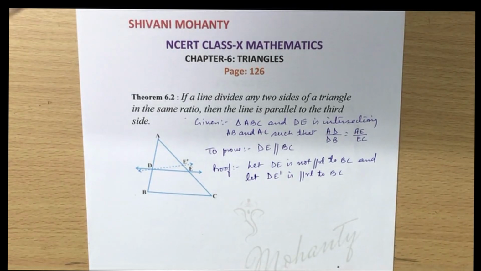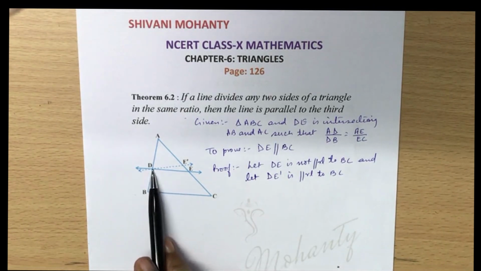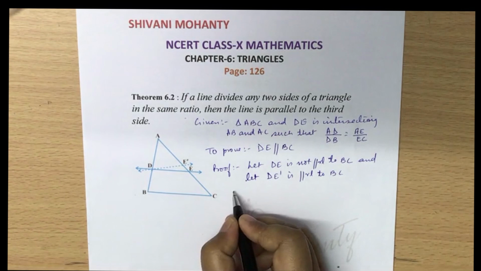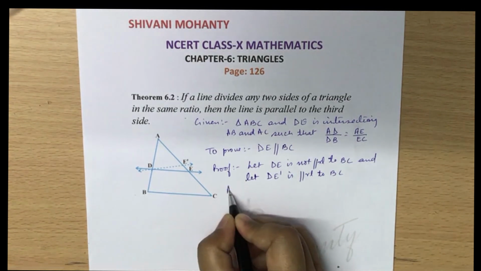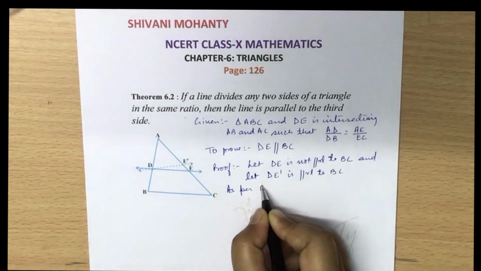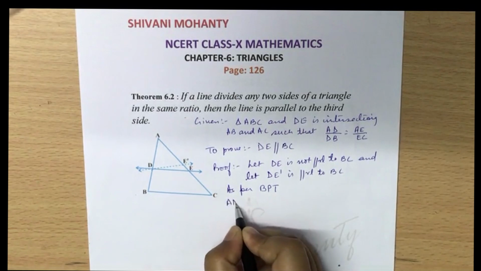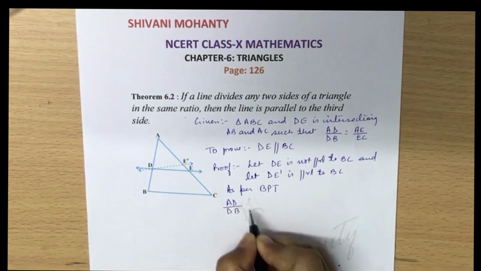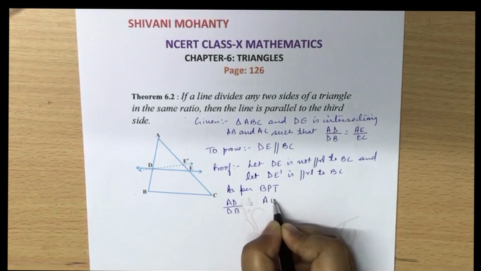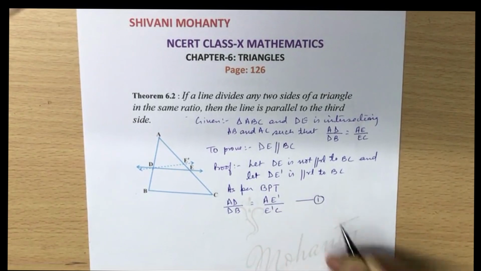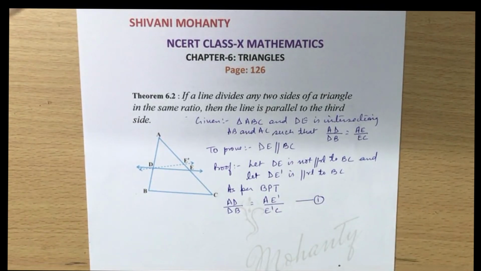If this is the case, then as per the basic proportionality theorem, since DE dash is parallel to BC, we can write AD by DB is equal to AE dash by E dash C. Name it as equation number 1. But what is given?